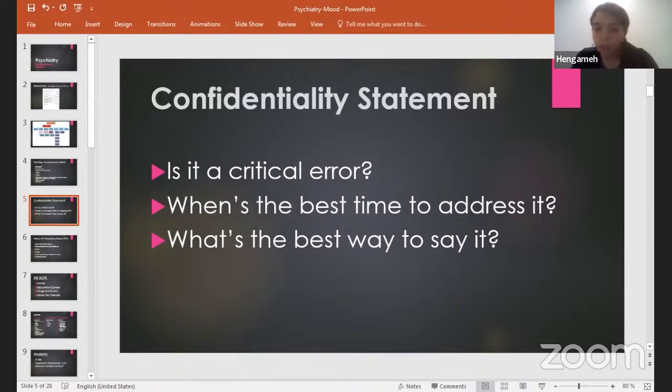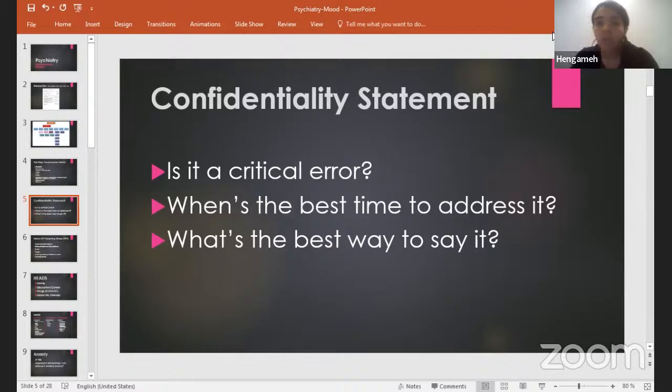And remember, it's better to say it at the start, because the role players in the exam are instructed in a way that they won't open up. If we don't mention confidentiality, or don't start with an open-ended question, they might not open up. And this is why, under exam stress, a lot of candidates say, I was asking everything, but they wanted to fail me deliberately because the role player wasn't answering any questions.